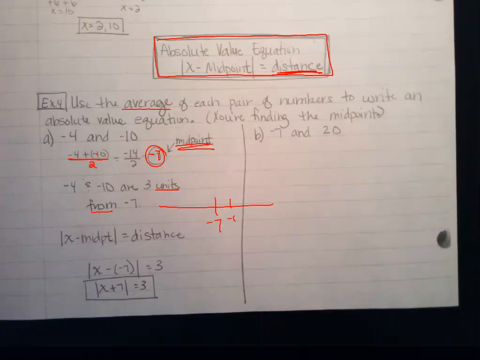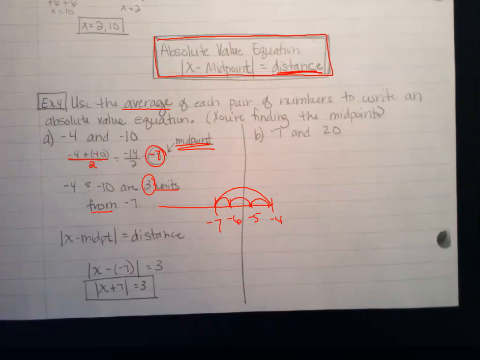We have -6, -5, and -4, so we can see that it's 3 units. Does that make sense so far?